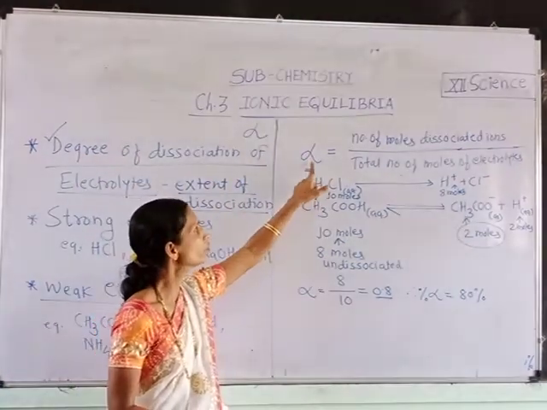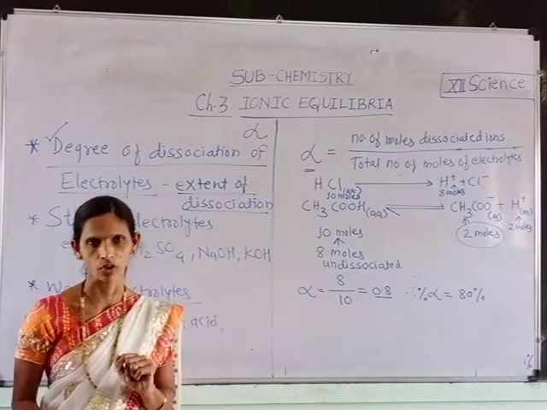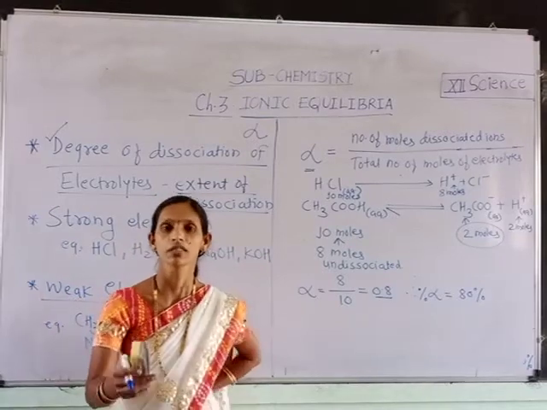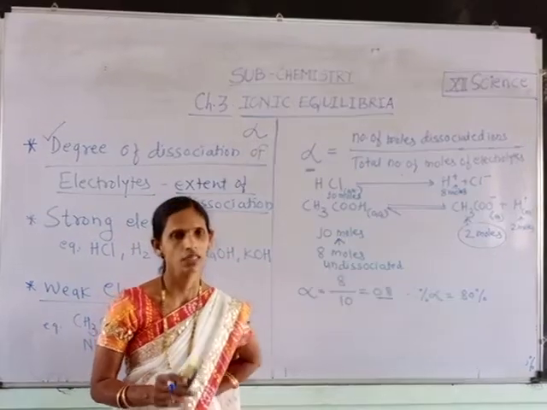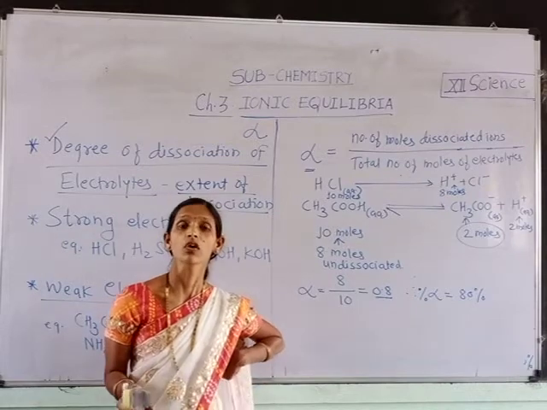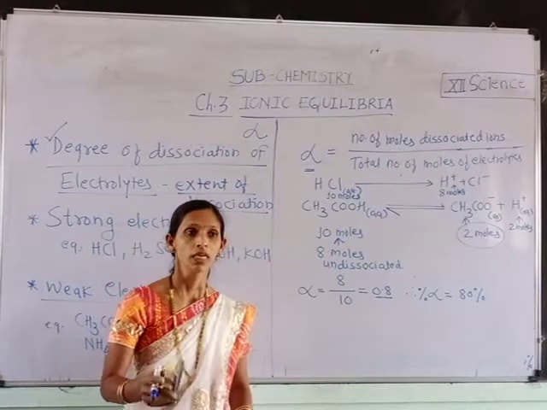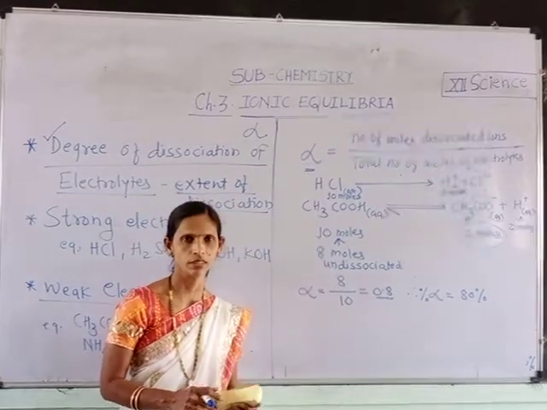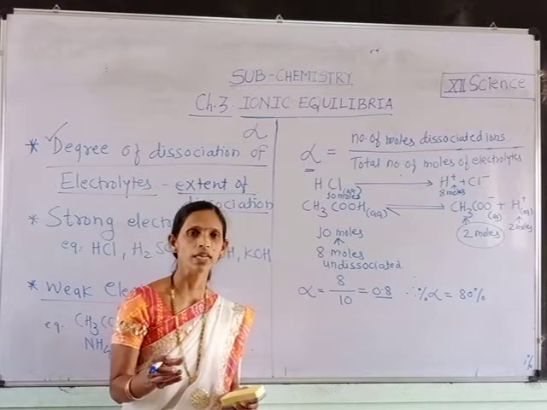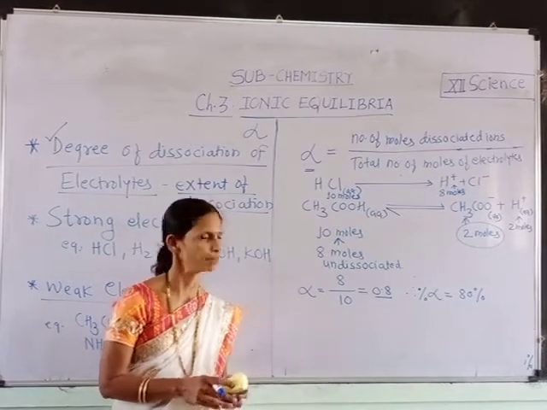If the value of alpha is greater, then it is a strong electrolyte, and if the value of alpha is small, then it is a weak electrolyte. That is about the extent of dissociation of different electrolytes, by which we can determine whether a substance is a weak or strong electrolyte.